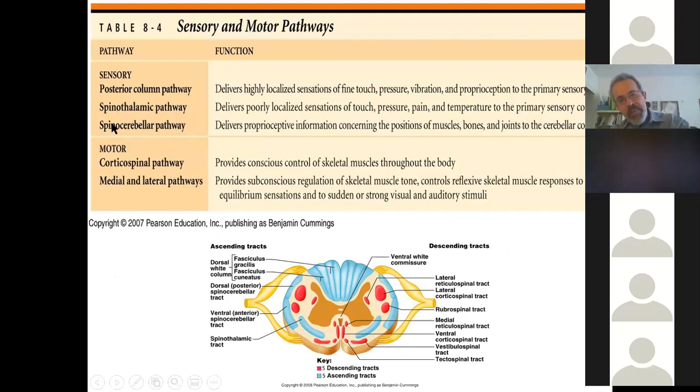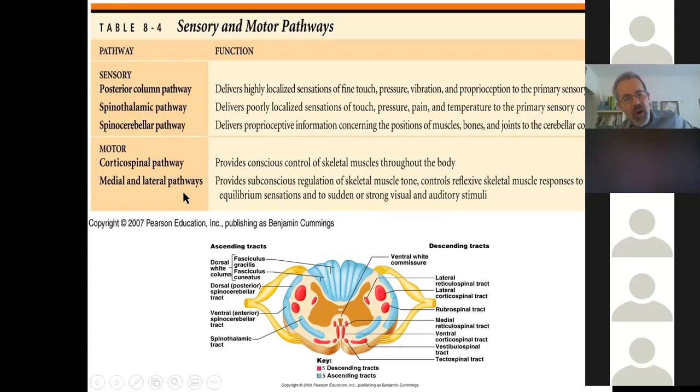One way you can remember that they're sensory, that I used to remember, notice at least with these two, the spino part is in the front of the word, like they're going from the spine to the thalamus, spine to the cerebellum. This one doesn't say it, but you just have to memorize that. So these are the 3 pathways, 3 groupings that are part of the ascending tract.